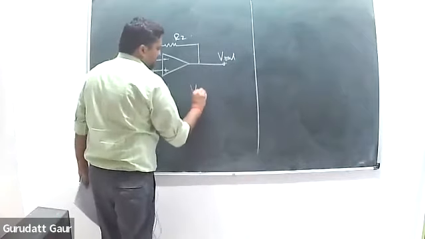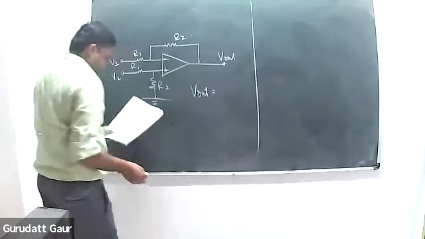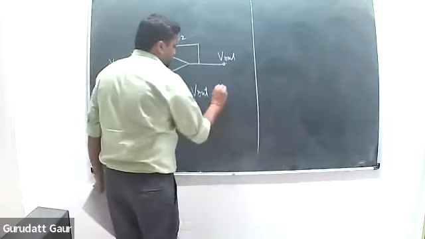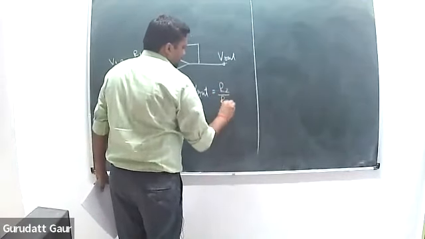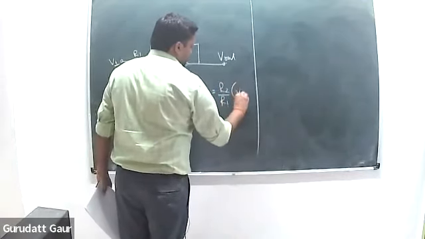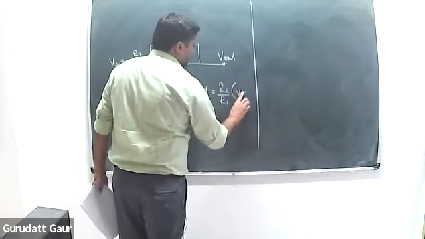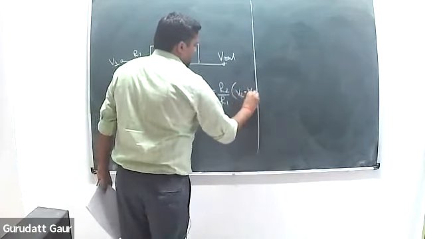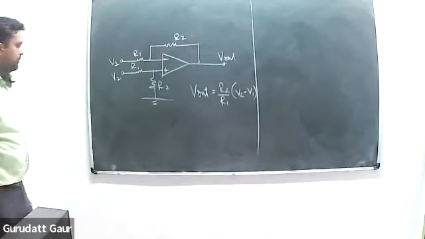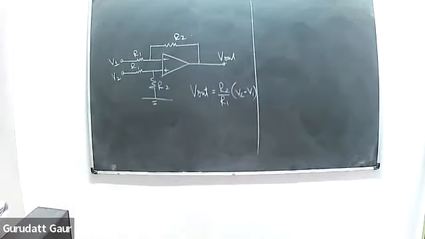So V out will come out with a gain of R2 upon R1, and the input will be V1 minus V2.